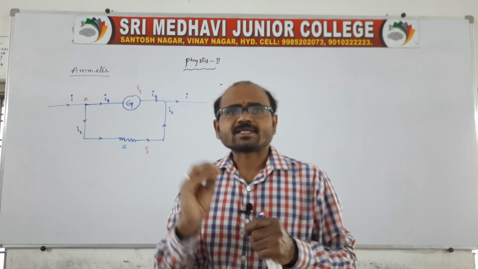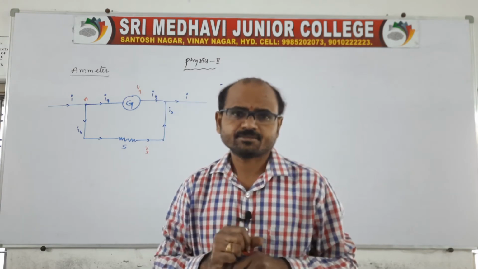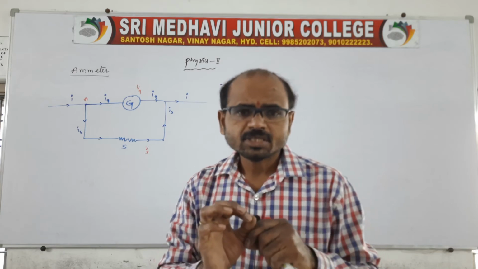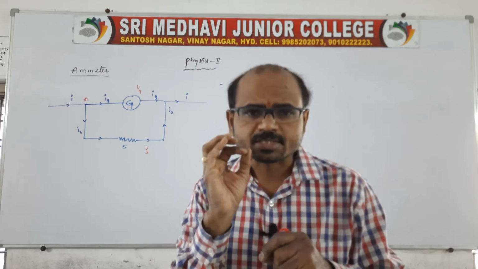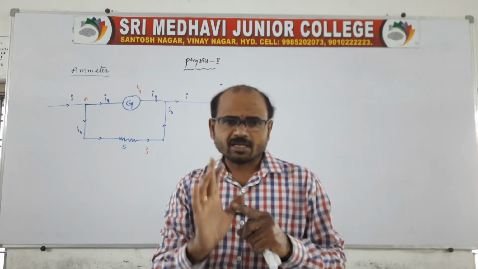Suppose you need to connect this ammeter in another circuit to measure the current. To prepare the ammeter, a small, suitable resistance is connected to the galvanometer in parallel.